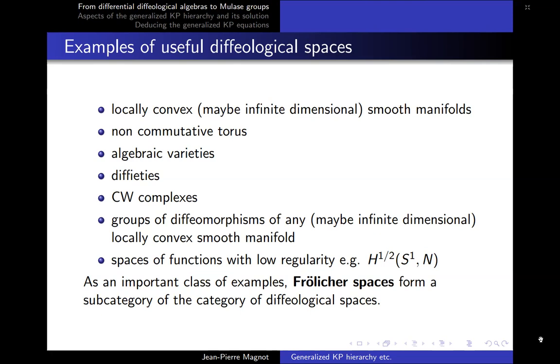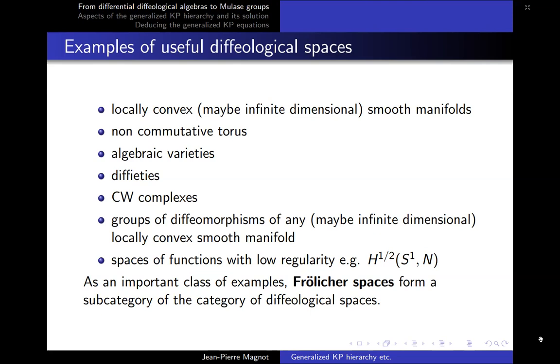Here the low regularity of the functions does not allow one to define charts on this space, but it has a nice differential geometry with the help of diffeologies. This example is actually published, which is why I insist on this one.